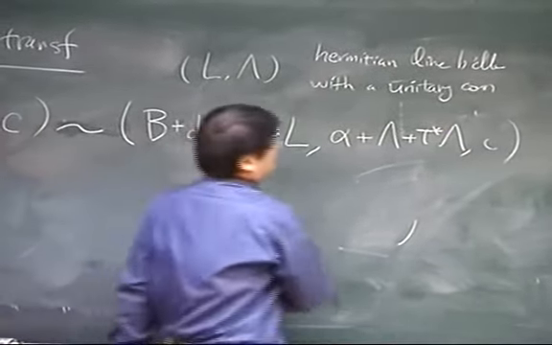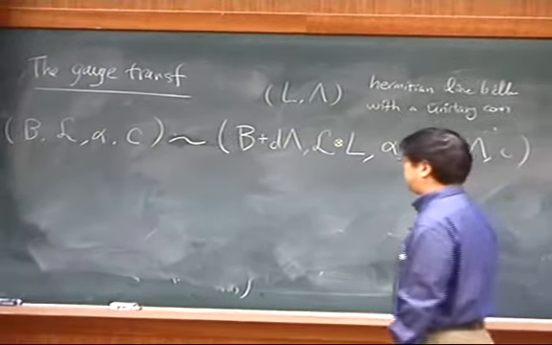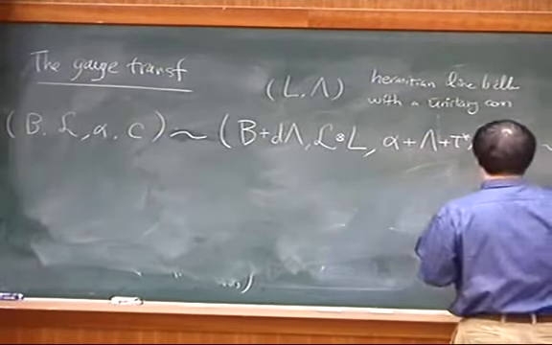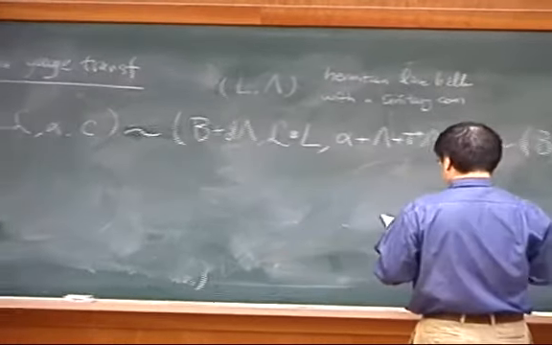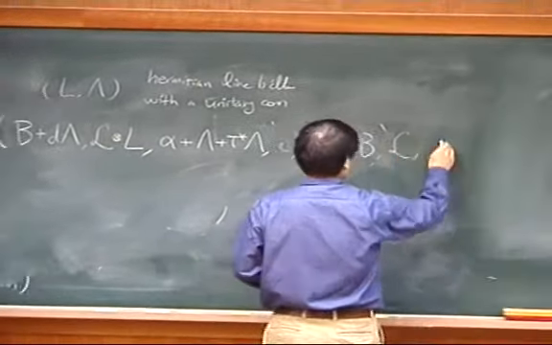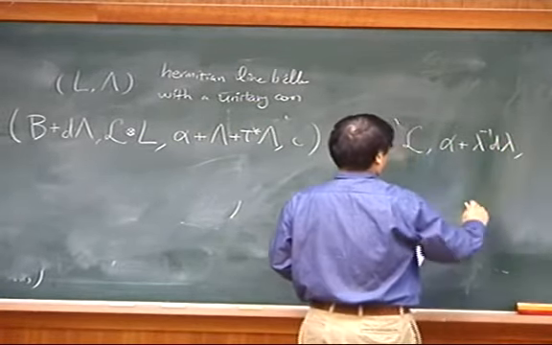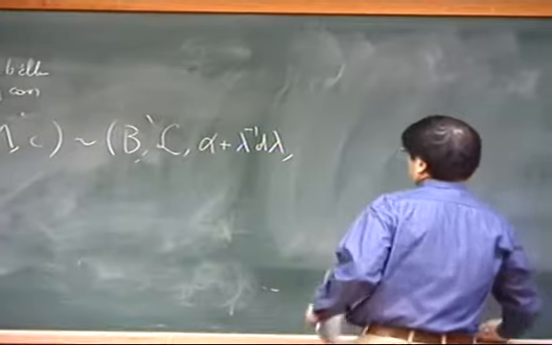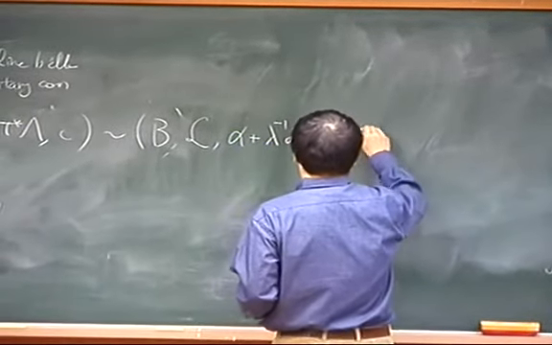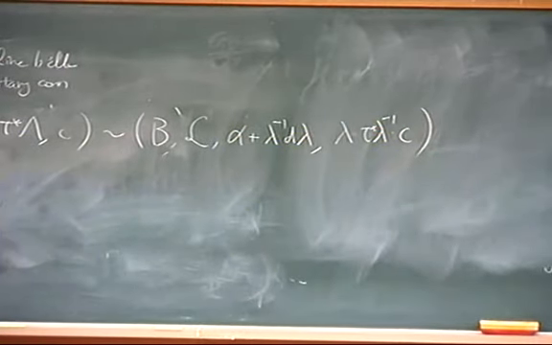Another thing is the ordinary gauge transformation of this line bundle L. L, alpha plus this, and C is also changed: lambda tau star lambda inverse C. So this is the gauge transformation.